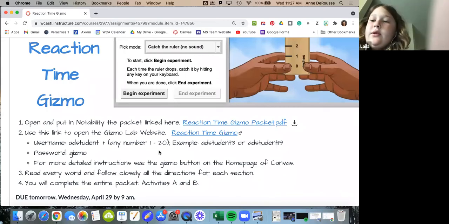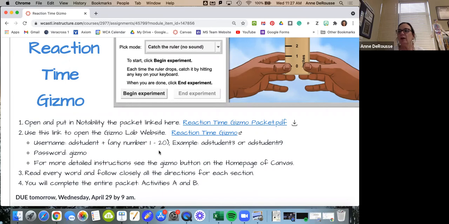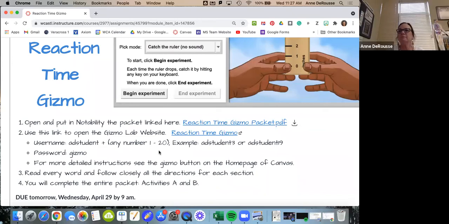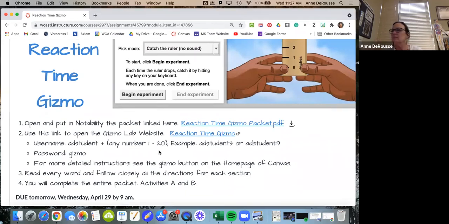Mrs. DeRoos, I opened the gizmo and then it automatically started the 5-minute timer. Okay, so click on, do you see login? I see where it asks for the username and password. Perfect. That's what you want.